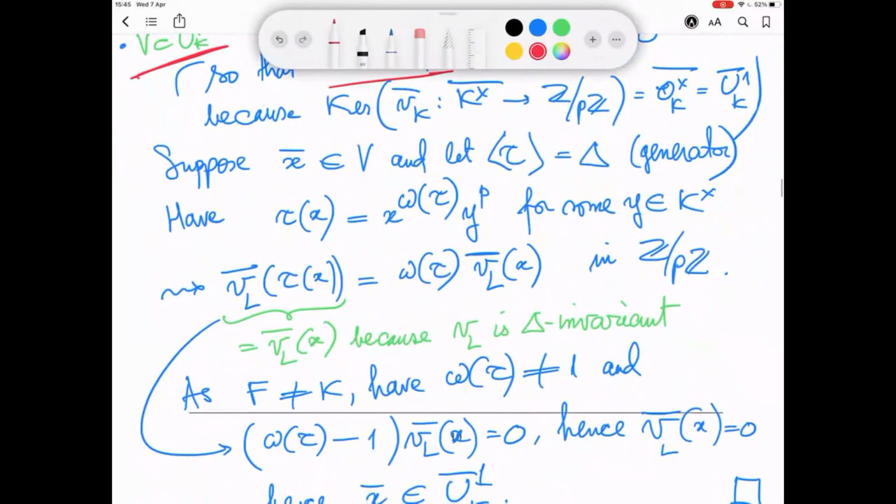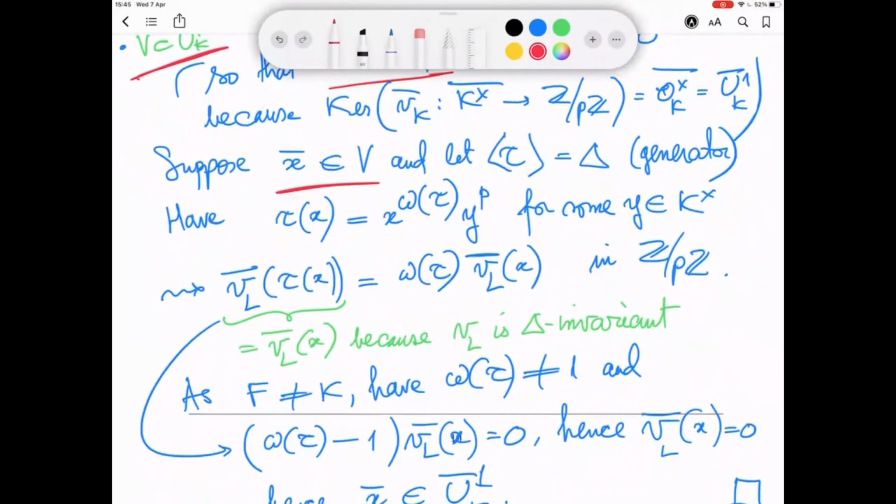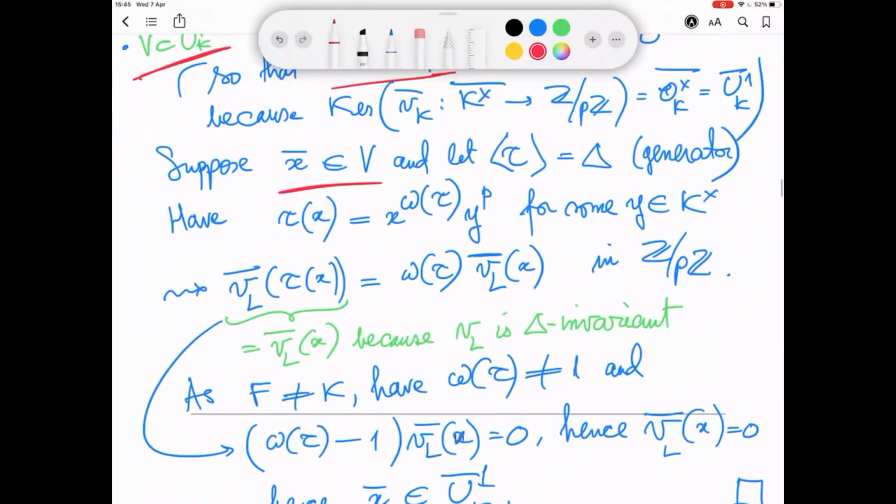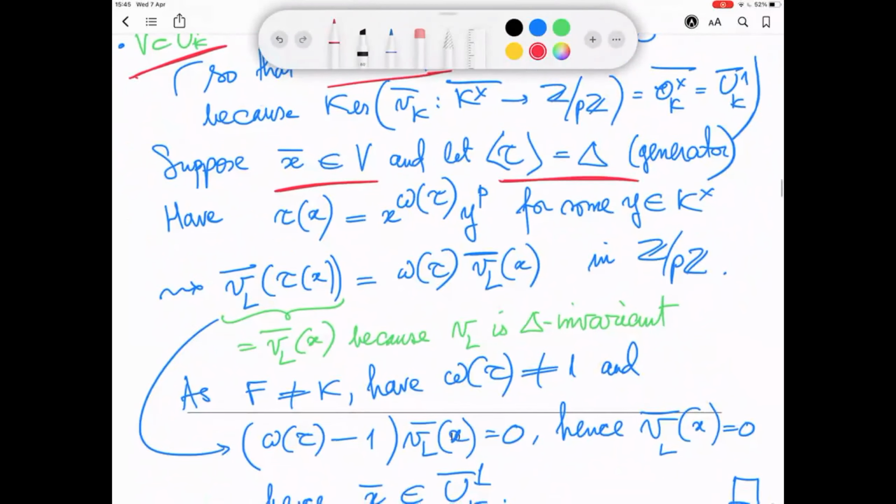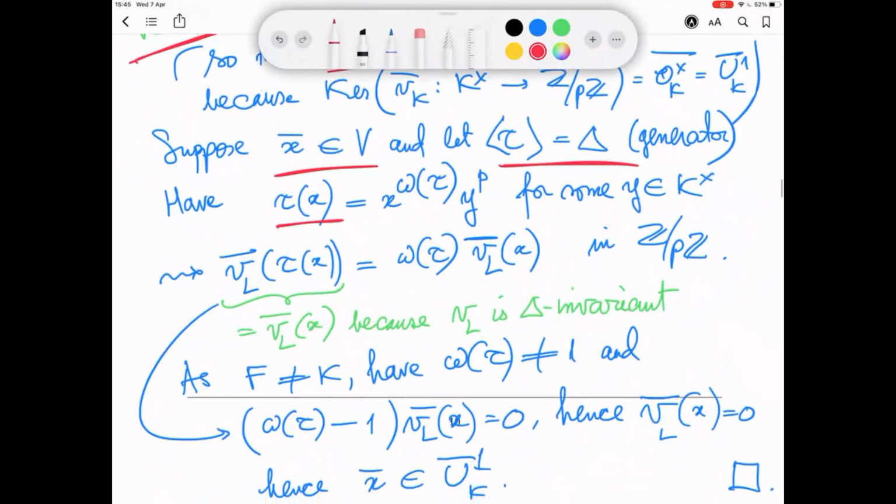And so if I have an X bar in V, and if I take a generator tau of delta, then tau of X is going to be what? X to the power omega tau, up to some pth power, right?